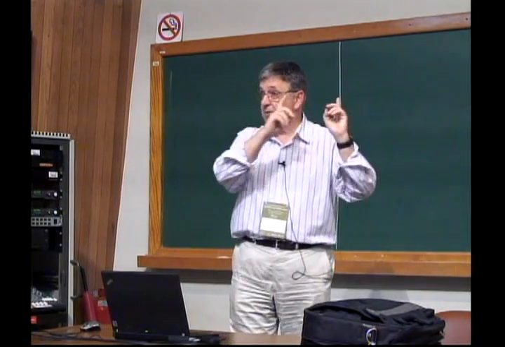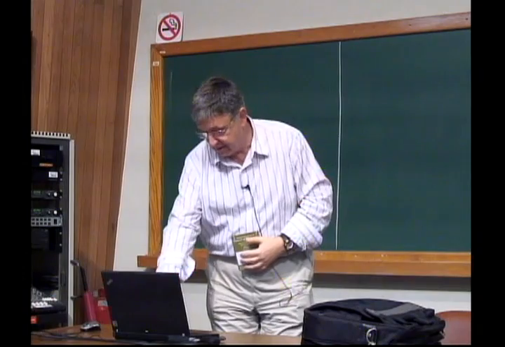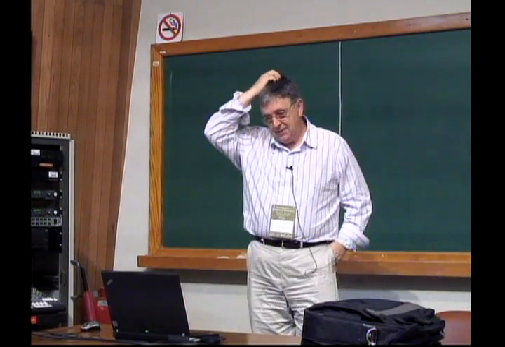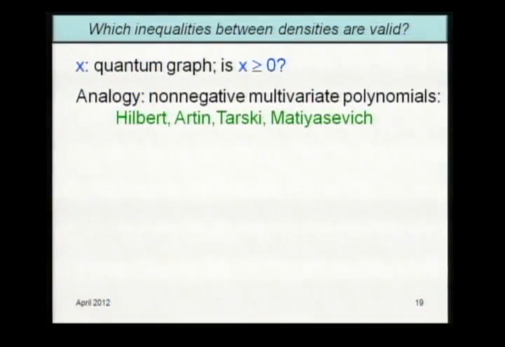And so remember, for complete graphs, we can do it. Now there's a lot of analogy here with the theory of non-negative multivariate polynomials. If you have a non-negative real polynomial, or maybe let's say with rational coefficients, just to be able to handle it algorithmically, you can ask whether it's non-negative for every substitution.